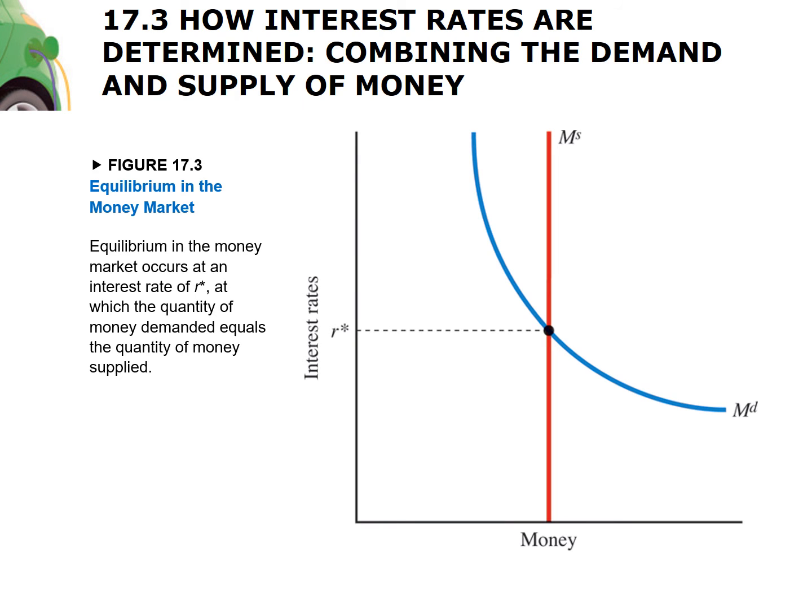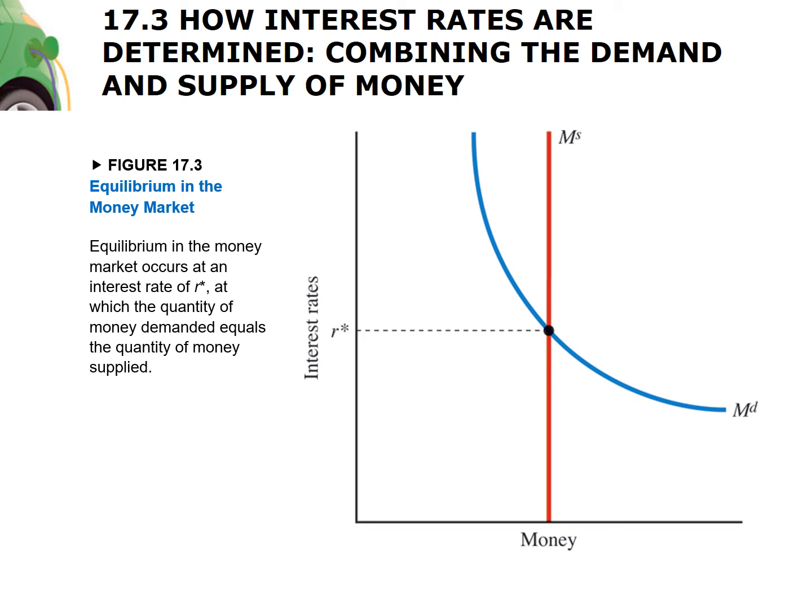On this slide, I'm going to explain how interest rates are determined, combining the demand for money and supply of money curves. The supply of money curve is a vertical line, indicating that the central bank of a country can set the money supply at a fixed amount at a particular point in time.